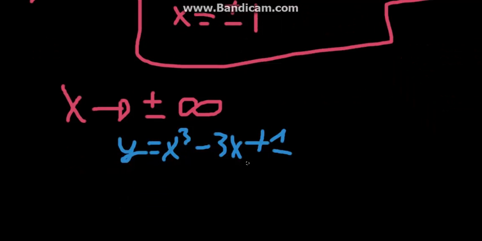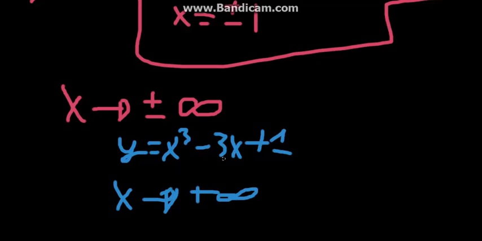Now, when x approaches infinity, let's do plus infinity for now, that's important, then x cubed is growing much faster than the minus 3x over here. Infinity cubed is growing much faster.